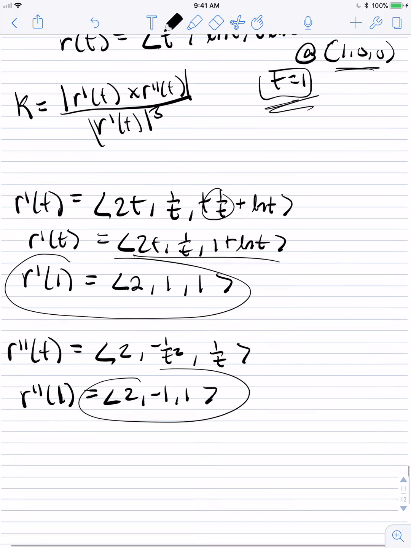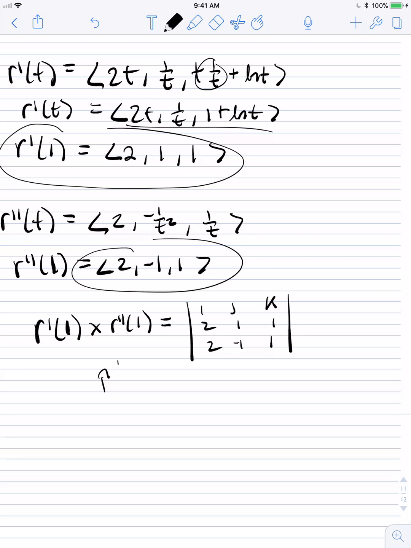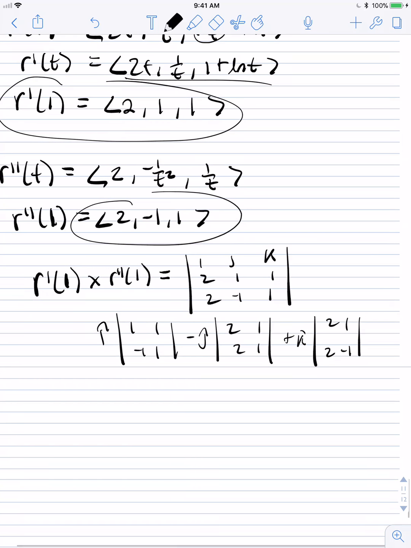And we need the cross product of them. So let's try doing that quickly. So r prime of 1 cross r double prime of 1 would be equal to the determinant with i, j, k, 2, 1, 1, 2, negative 1, 1. Pull out the i: 1, 1, negative 1, 1, minus j hat: 2, 1, 2, 1, plus k hat: 2, 1, 2, negative 1.